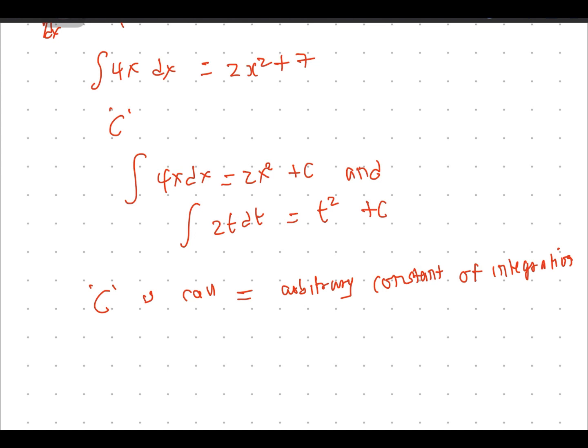If the differentiation of 2x squared is equal to 4x, and the differentiation of 2x squared plus 7 is also equal to 4x, that means we can only say that the integral of 4x is equal to maybe 2x squared, because several functions can give us that result.